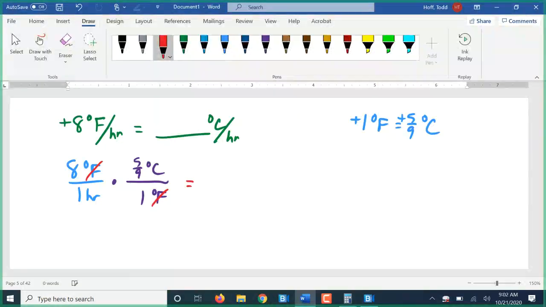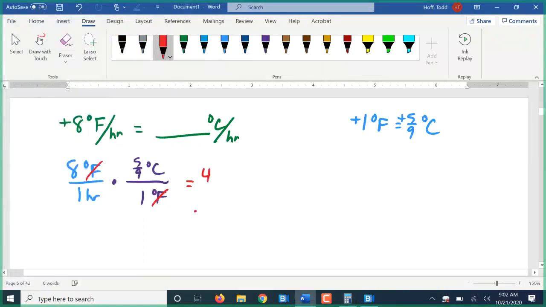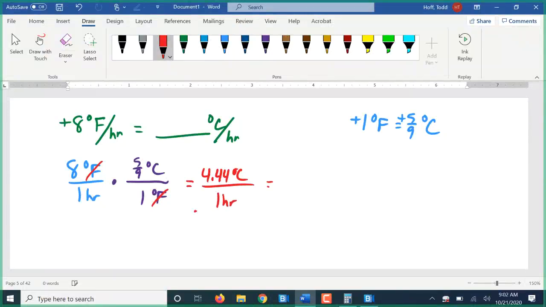We have 8 times 5/9, which of course is going to give us 4.444. 1 hour times 1 is just 1 hour, so an increase of 8 degrees Fahrenheit per hour would be equivalent to an increase of 4.44 degrees Celsius per hour.